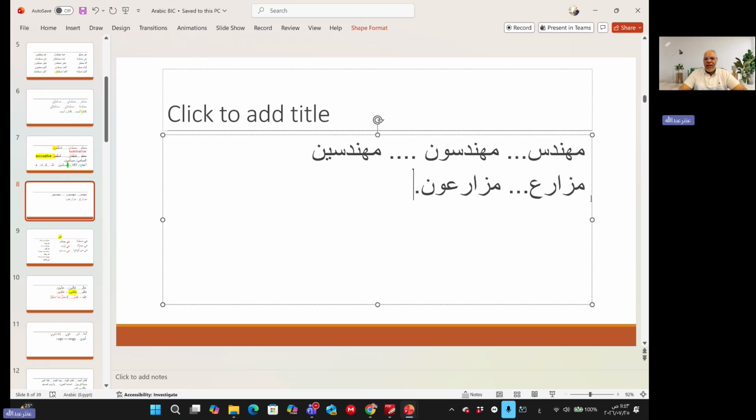Muzari'una. And the other form? Muzari'ina. You have to make it very clear: ina. Okay, another word is mufakkir, which is a thinker or an intellectual, a philosopher. So give me the plural.